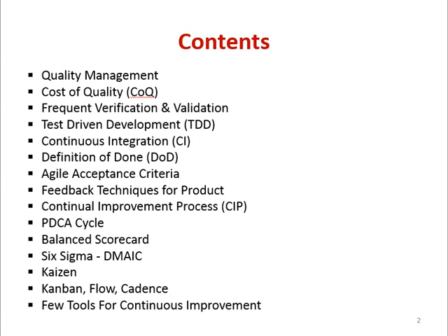We will talk about definition of done, that is DOD, Agile Acceptance Criteria, followed by feedback techniques for product, and continuous improvement process, that is CIP. We will talk about PDCA Cycle, balance scorecard, Six Sigma DMAIC. Then we will move to Kaizen approach, Kanban, flow and cadence, and finally we will end the session with few tools for continuous improvement.